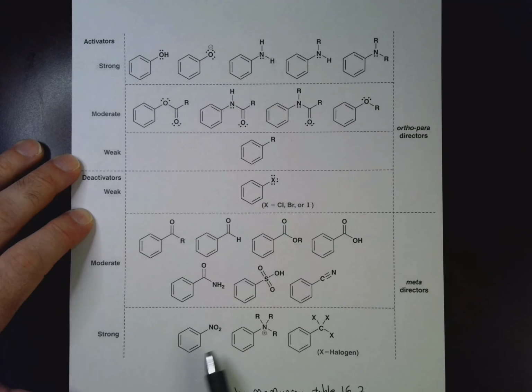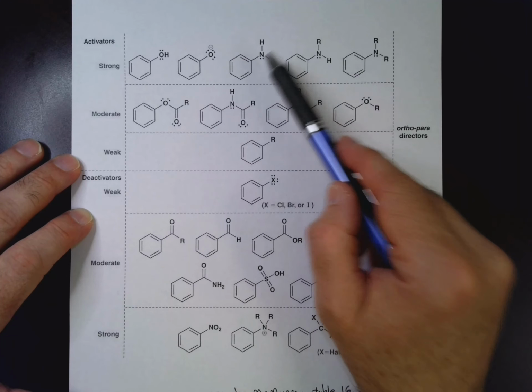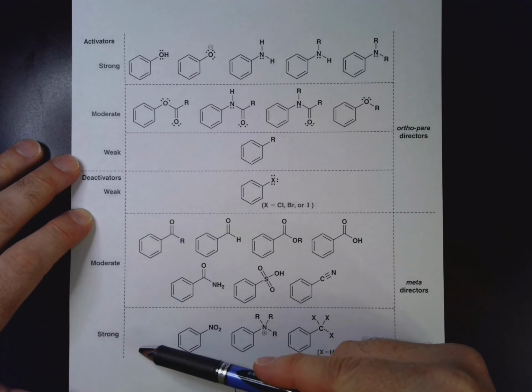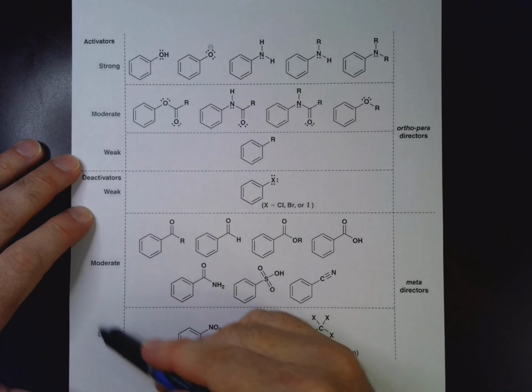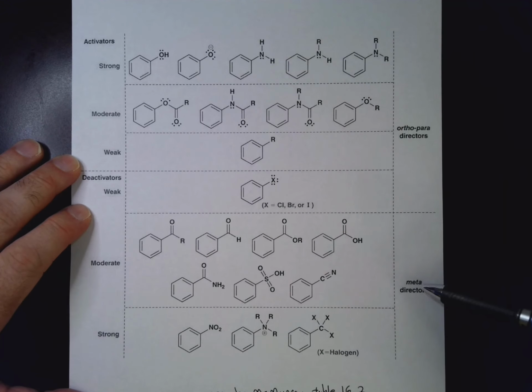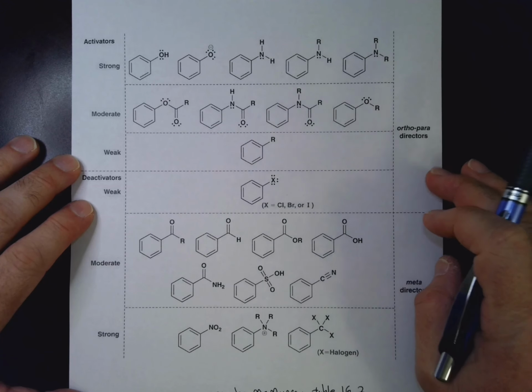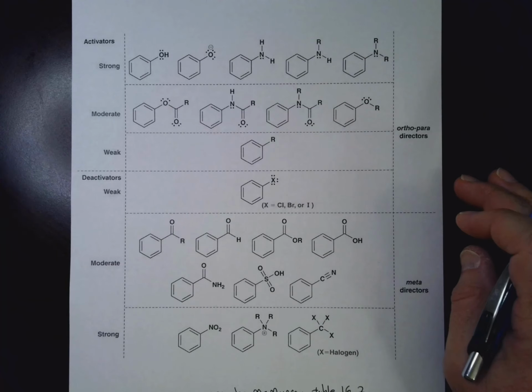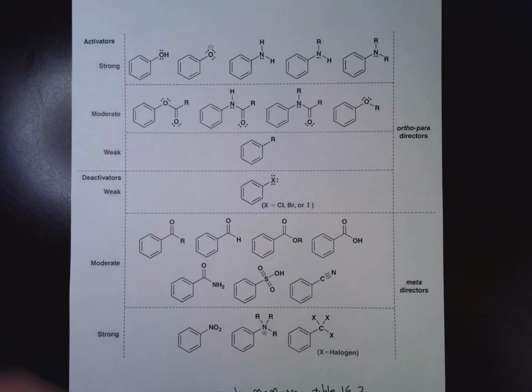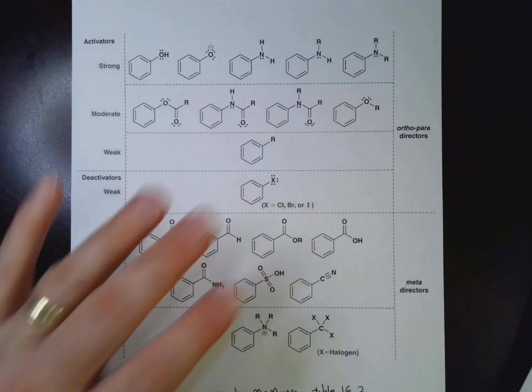And then our strong deactivators are nitro, and then having multiple halogens on a carbon, and then positive nitrogen species. So if we have a quaternary ammonium salt, or if, say, we went ahead and protonated an amine, that would then be very strongly deactivated. And these moderate and strong deactivators are meta-directors. So I'll make sure that I post a copy of this in Canvas so you guys can take a look at that.